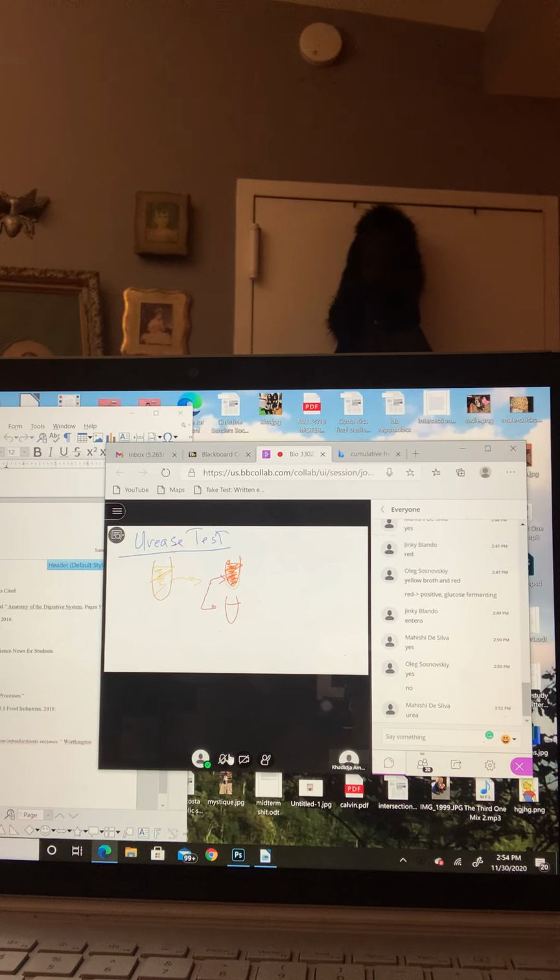If your microorganism metabolizes the urea rapidly, the tube turns pink, a bright fuchsia color. So here it's slow, the organism metabolizes the urea slowly, and here it is quickly.